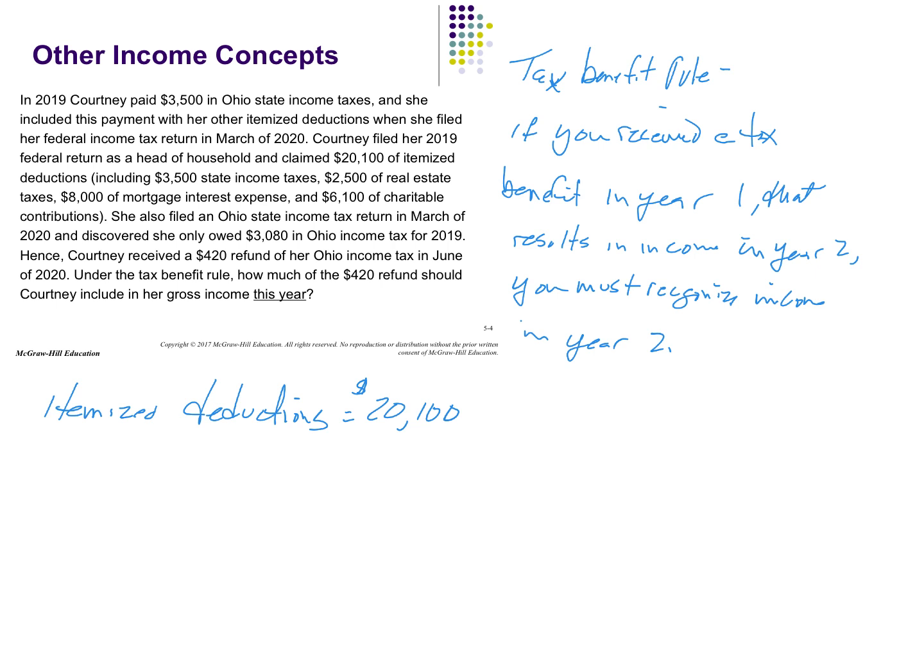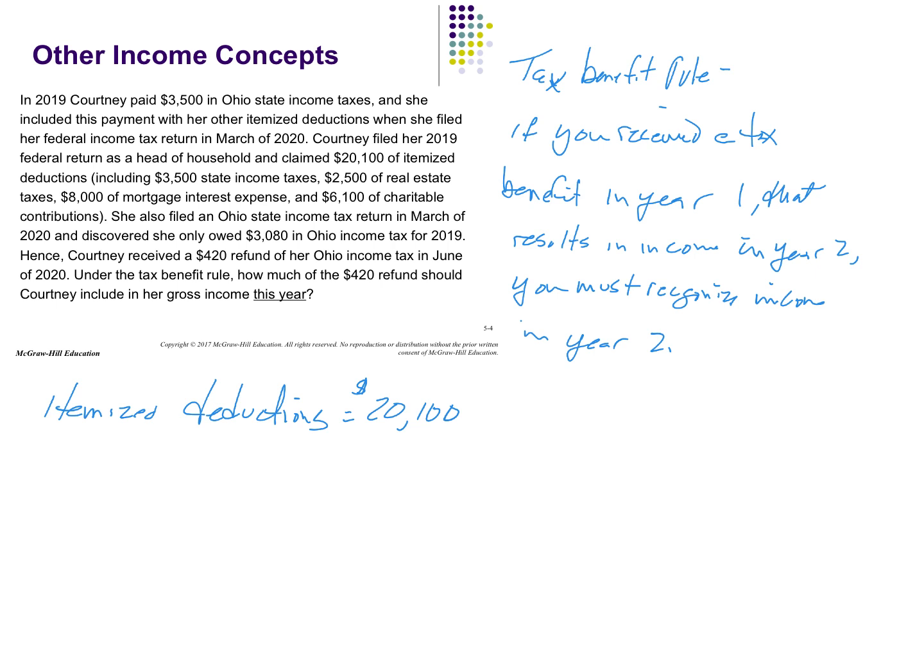And that includes $3,500 of state income taxes, $2,500 of real estate taxes, and $8,000 of mortgage interest expense, and then she also had charitable contributions. Okay, so she was able to itemize.